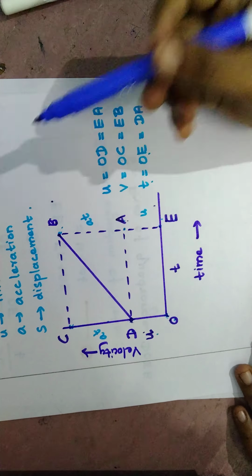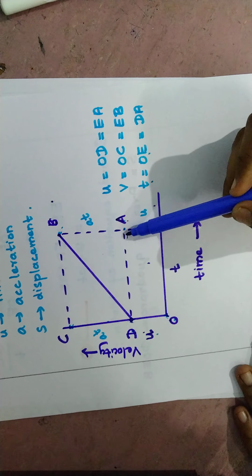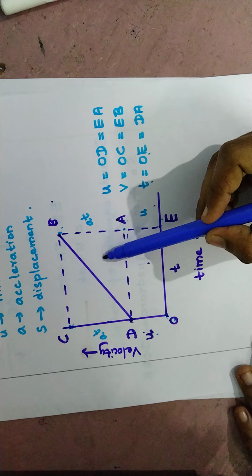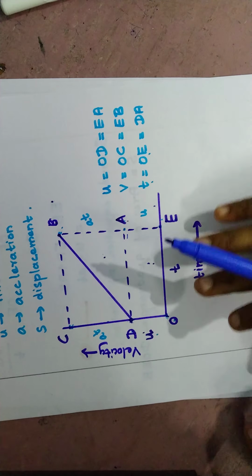In this graph, we can say that this quadrangle has both a triangle as well as a rectangle.